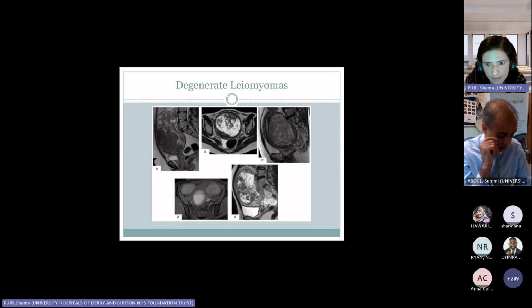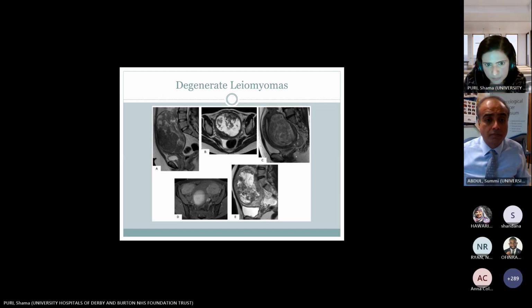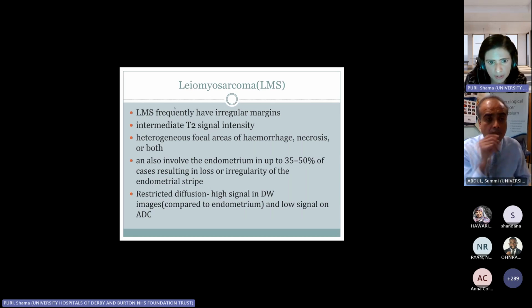Look at this. There are so many types of degeneration we can get in fibroids: myxoid, hyaline, red degeneration, and they can have very varied and complex appearances. This leiomyosarcoma does not look much different from these degenerated fibroids. So what do we do? Leiomyosarcomas have similar features. They have intermediate T2 signal intensity like cellular fibroids.